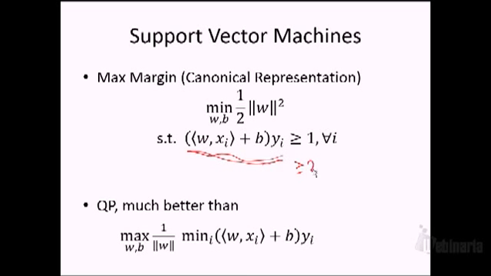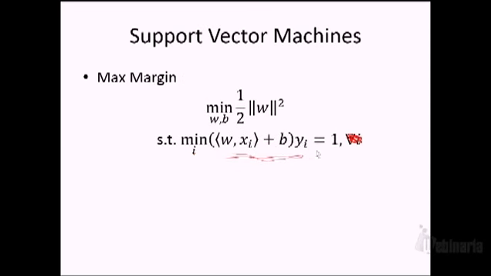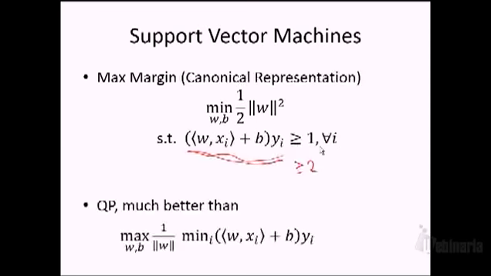Because if this term is greater than or equal to 1 for all i, then this is still a feasible point in this representation, in this problem. But it's not a feasible point here. However, if you happen to get a solution where for each training point this function is greater than 1, then that means the magnitude of your weights is larger than necessary.